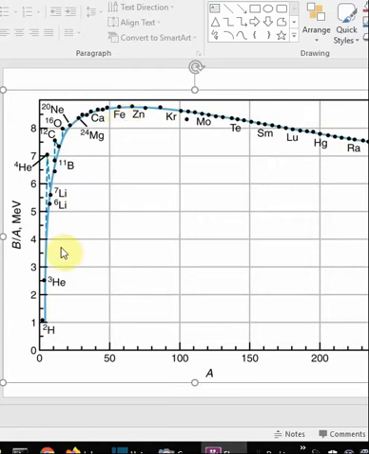As we get ready to talk about radioactive decay, you should realize that if an atom's over here on this curve, if it breaks apart and gets smaller, it's going to go this way and get more stability, more tightly bound per nucleon. And if you have something over on this side, maybe it would like to get bigger so that it goes towards iron here. So this is where our peak is.